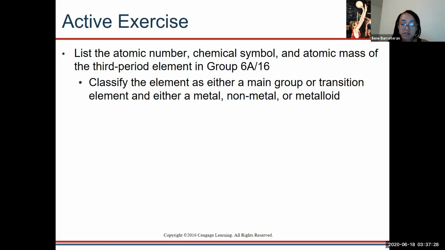Wait, hold on. What was the atomic mass? For sulfur. My question is, you said 16, so it'd be row 16. I said group. No, I said group 16. Oh, group. Sorry. Don't put words in my mouth. Sorry, I was listening to you and my kids at the same time.